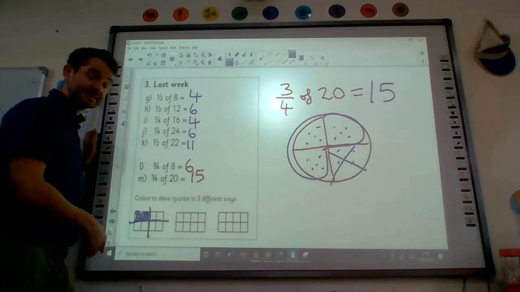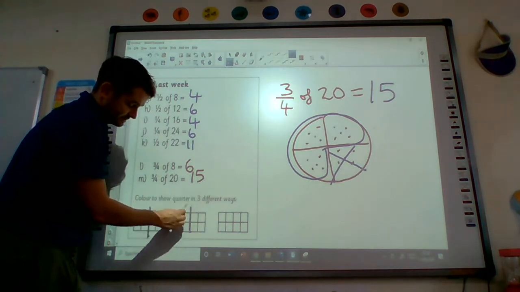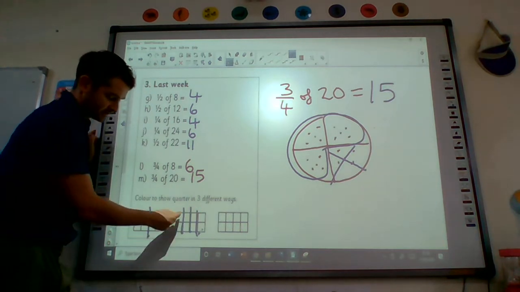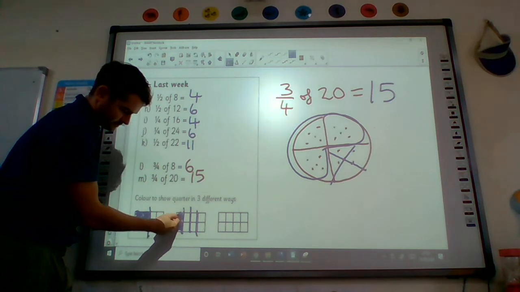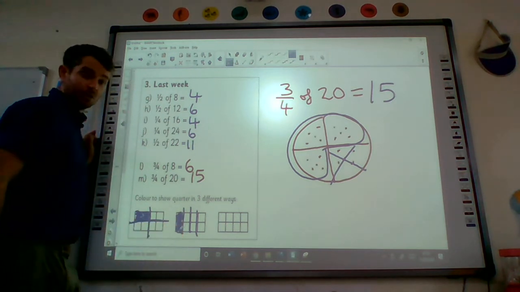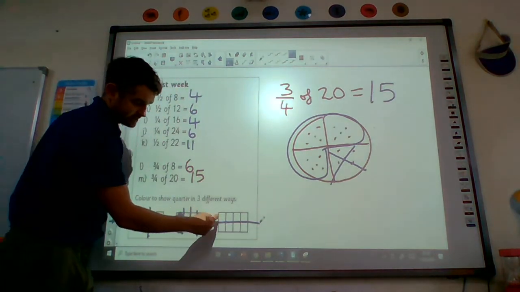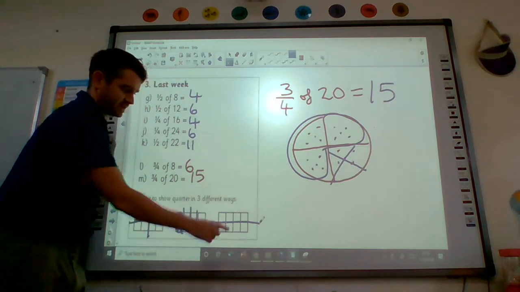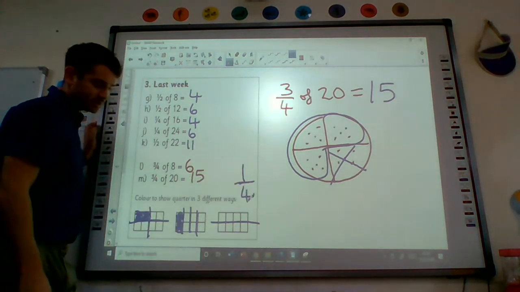Once you've done that, it's easy to do it in 2 other ways, but you might have split it like this. 1, 2, 3, 4 equal sections, and coloured in this here. Or you might have looked at it like this and think, oh, if I do 1 out of 4 of this side and 1 out of 4 of this side, I'll be showing quarters.